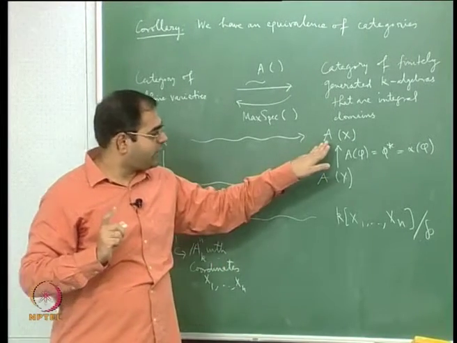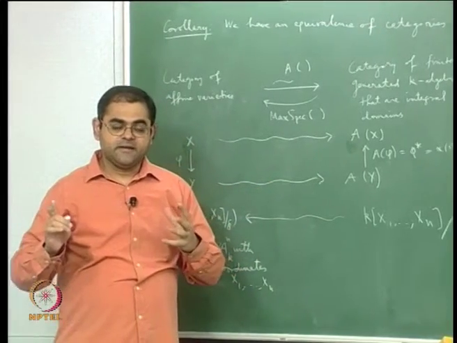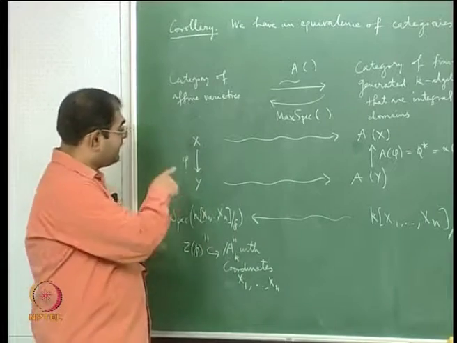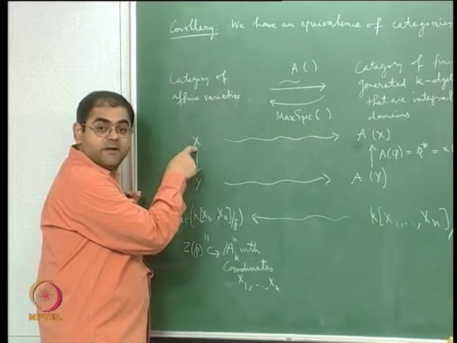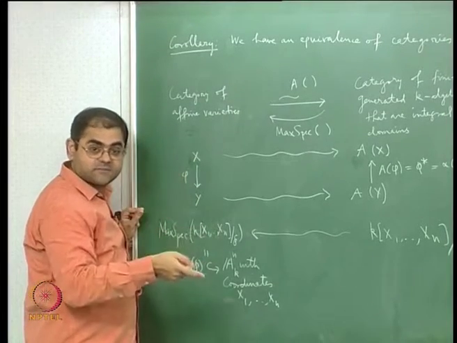So the coordinate ring, the ring of functions on the affine variety, is a very nice object. It does not depend on the embedding of the affine variety in a certain affine space.